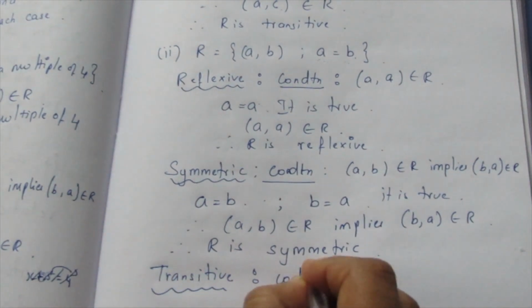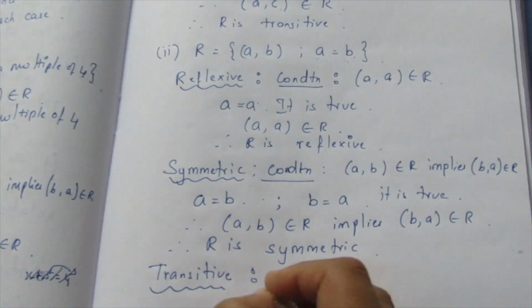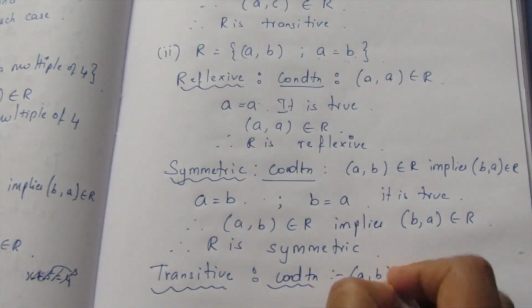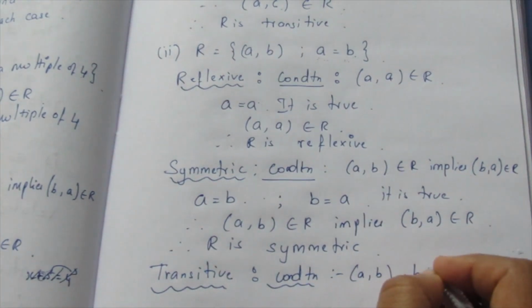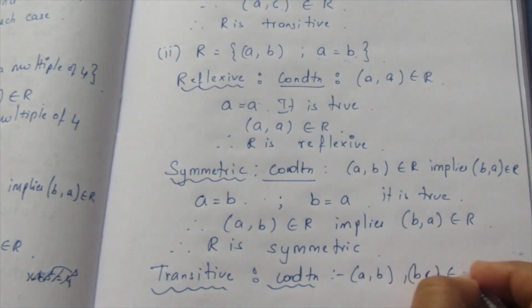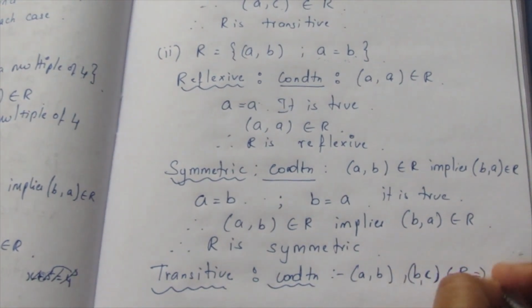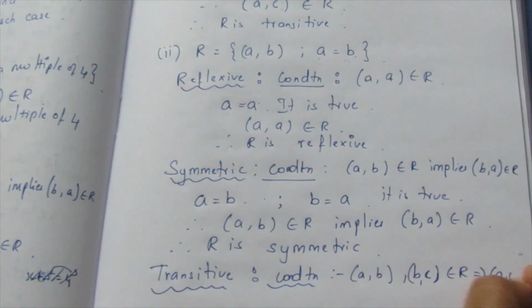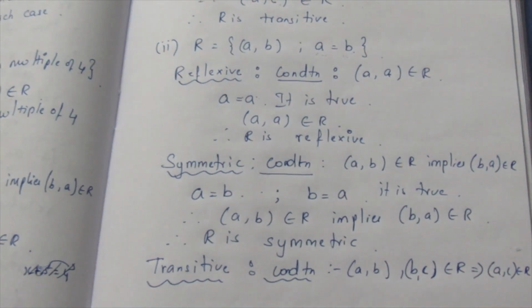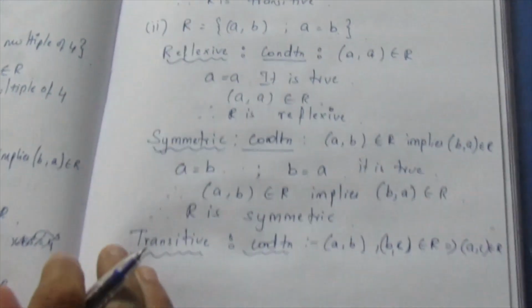For transitive, the condition is: A comma B, B comma C belongs to R implies that A comma C belongs to R. Now we'll prove it.